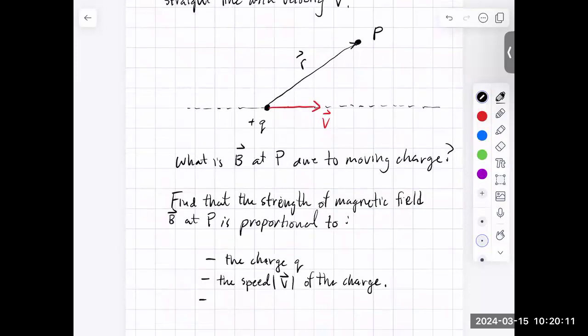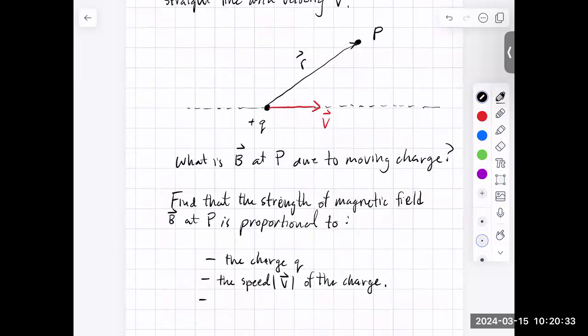The other thing we could do is keep Q fixed and the velocity fixed, and increase the distance from P. So I take the distance R from my point charge to P and double it.